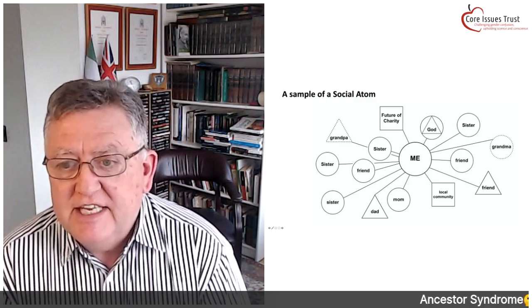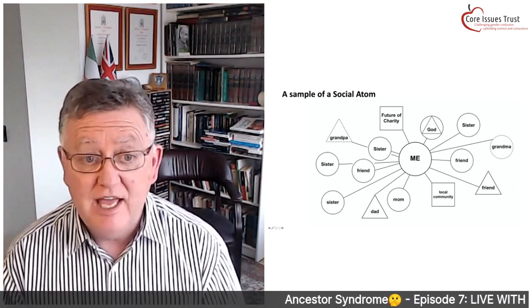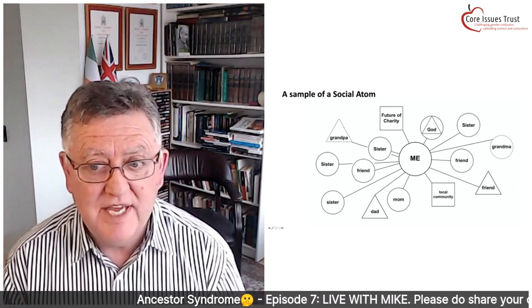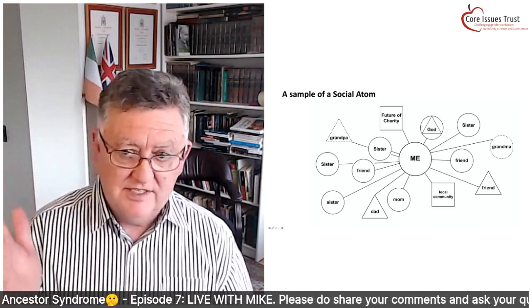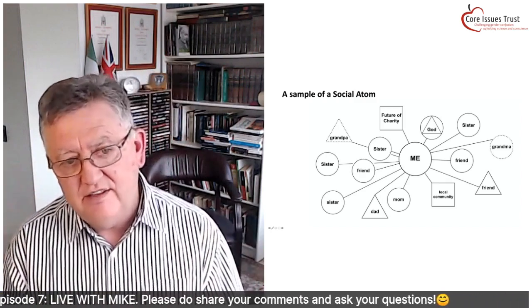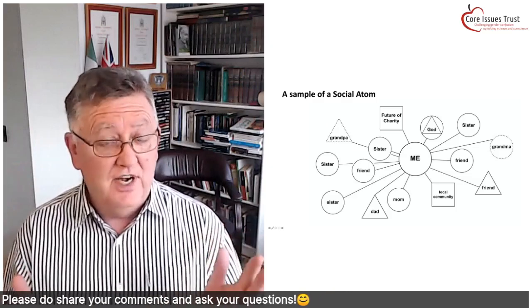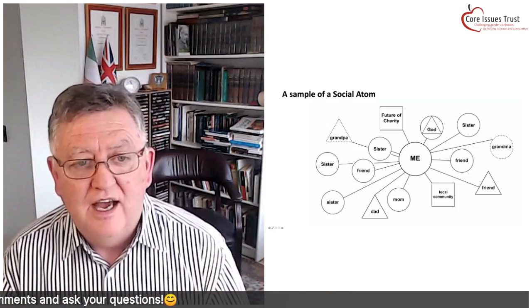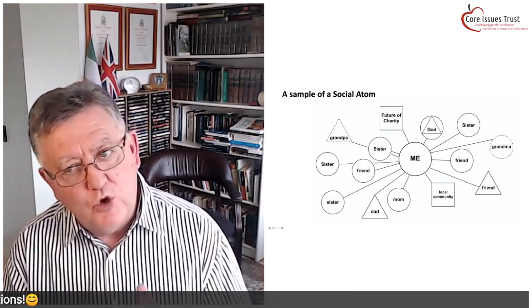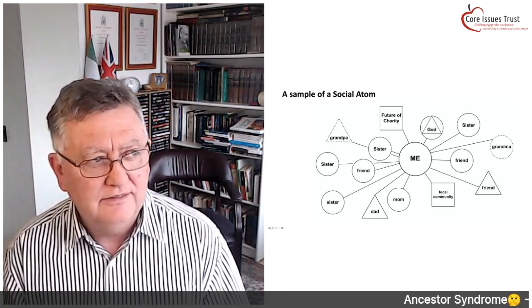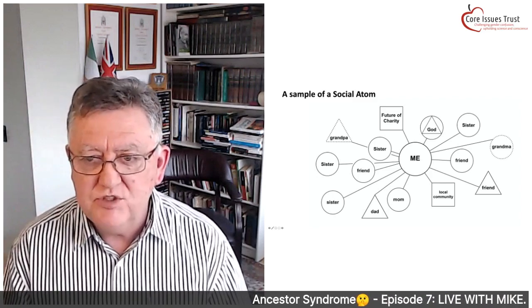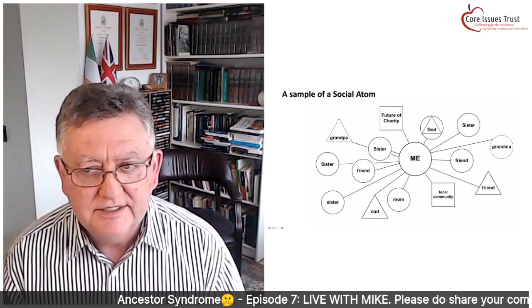you can see that I am, in a sense, made up of, obviously, my mother and my father. I do have friends. I have a relationship to the work that I do. I have a relationship to my local community.